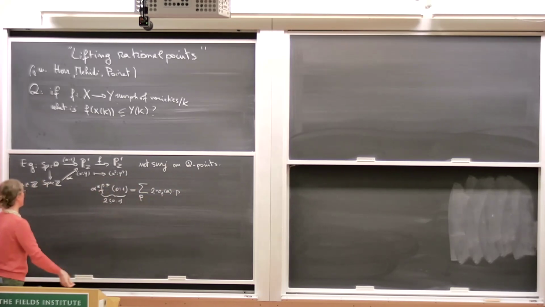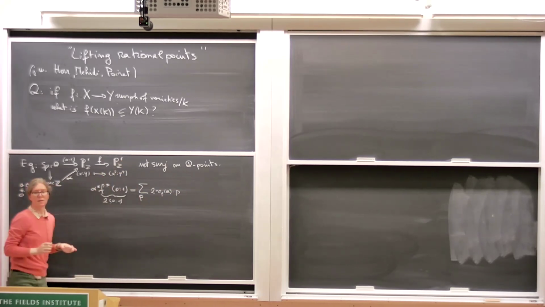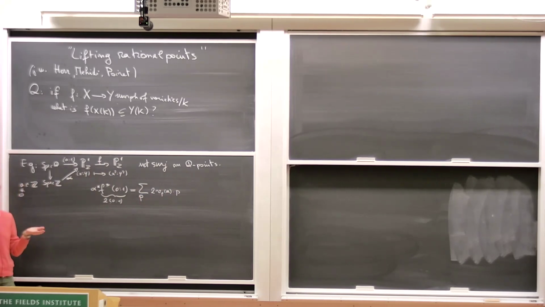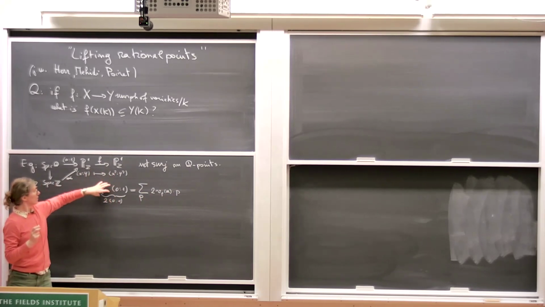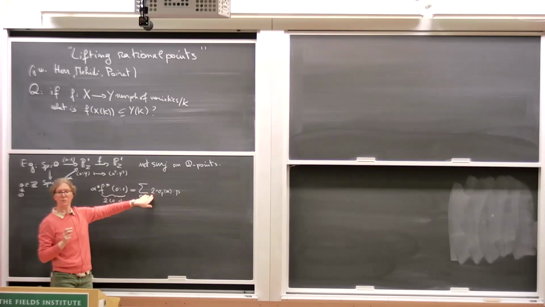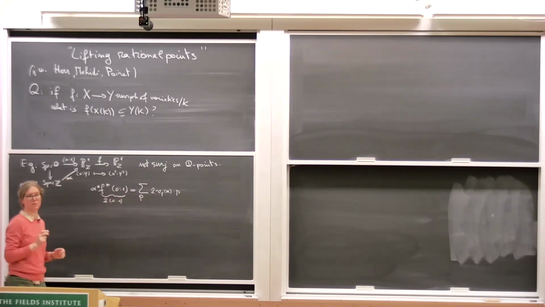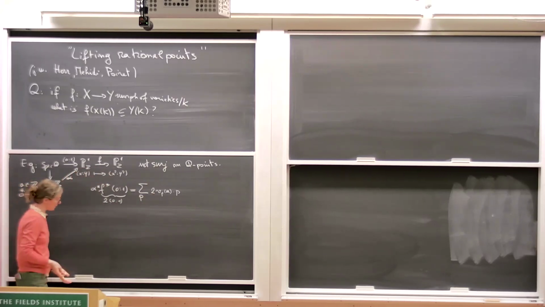So now, if I have just some random point from spec Z to P1 here, for example, the point with coordinates (3,1) or so, and if I look at the pullback of (0,1), then I will not necessarily be seeing this. It will not be there. So that's why (3,1) is not a point coming from P1 under this map.